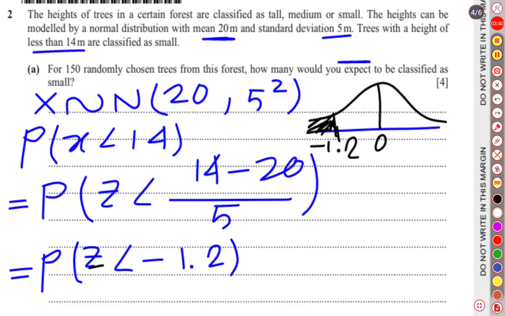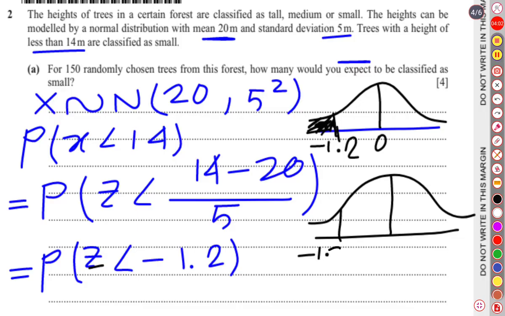For this, actually the probability for a negative corresponding z-score is not given in the normal distribution table. That's why, so we know that this portion is our requirement, negative 1.2.